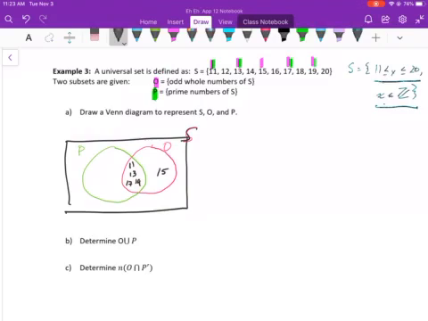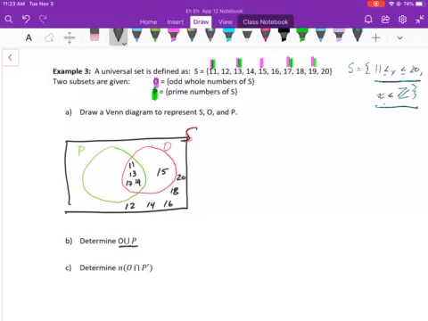Those numbers that are non-odd and not prime will include 12, 14, 16, 18, and 20. There's a Venn diagram to illustrate the situation.